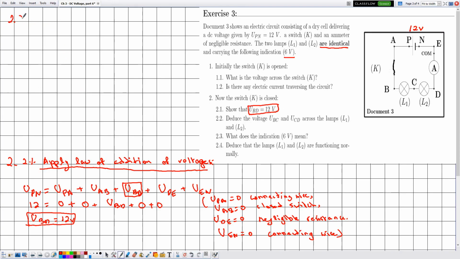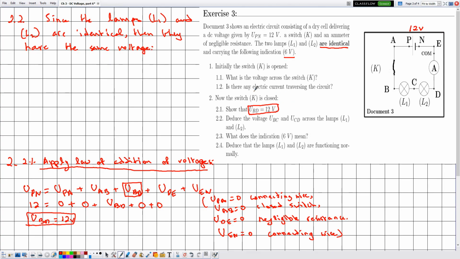Then in part 2.2, let's say since the lamps L1 and L2 are identical, then they have the same voltage.